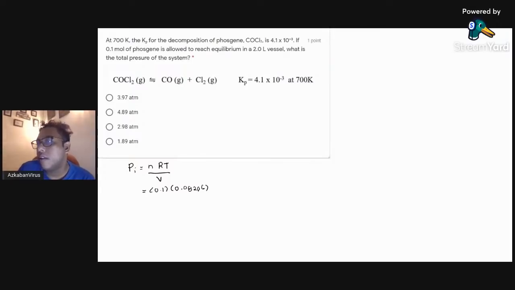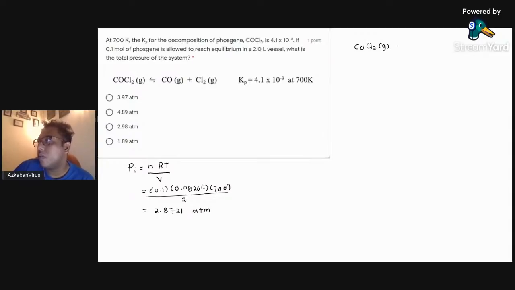0.8206, 700 Kelvin. Bahagi volume kita adalah 2 liter. This is equal to 2.8721 atm. Okay. So lepas tu kita construct dengan ice table.